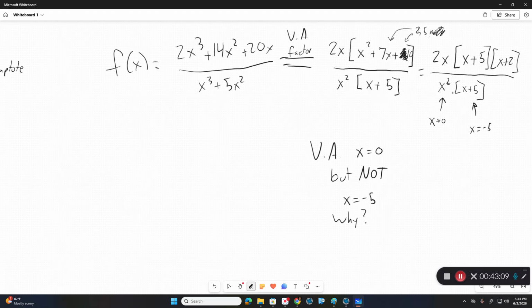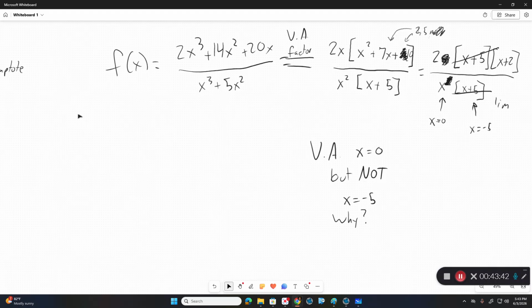Well, this x plus 5 cancels with this x plus 5 in the limit, but there are 2 x's on the bottom and only 1 on top, meaning one of these would cancel with one of these, and notice we're still left with an x in the denominator. So there's only one asymptote, which is x equals 0.